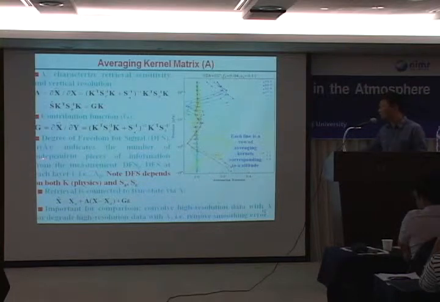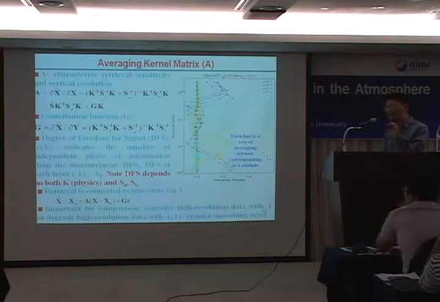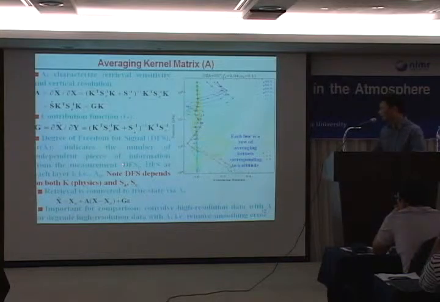That's the trace of the averaging kernel matrix, which indicates the number of independent pieces of information from the measurements, and the diagonal elements at each layer we can also call the DFS at each layer.